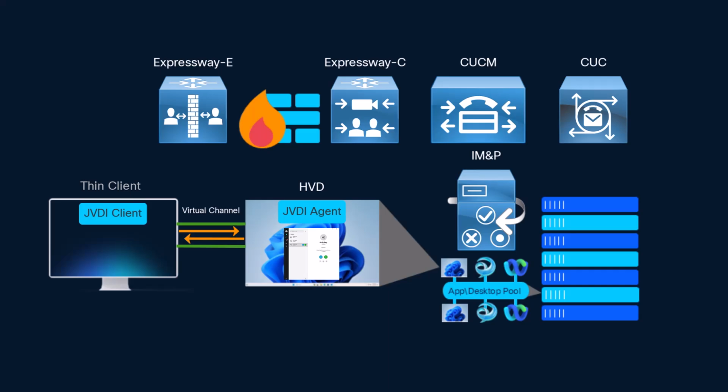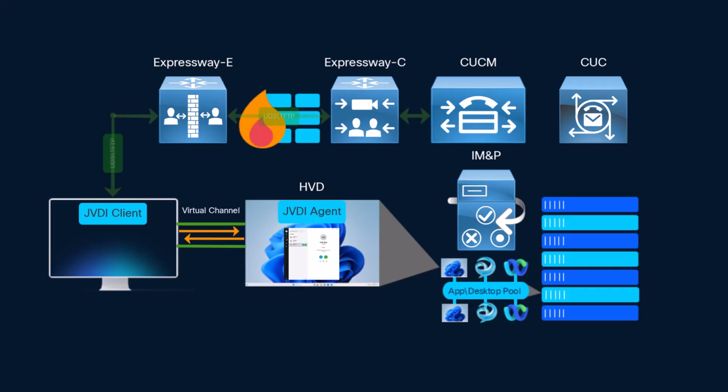The JVDI client uses the domain information provided by Jabber to perform service discovery. In this scenario, the JVDI client would attempt to resolve the Collab Edge DNS SRV record, as this JVDI connection is over MRA.